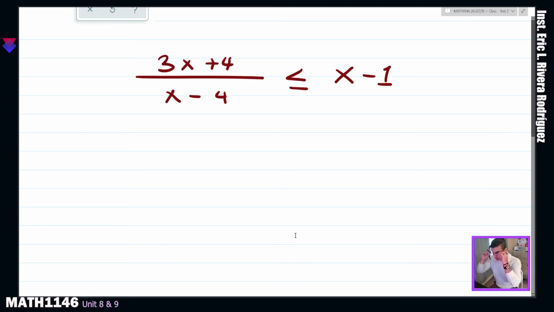So what would you say is the issue here? What's the problem? Or what we need to do first before going through the 4 steps to solve any inequality? One side must be 0. Careful with this.